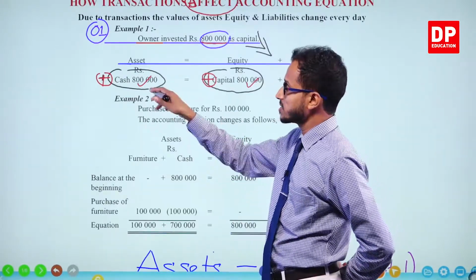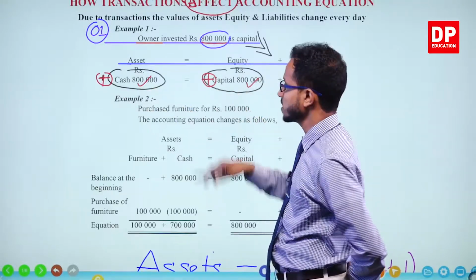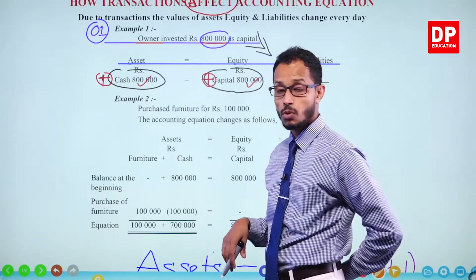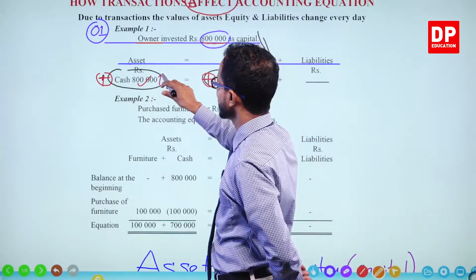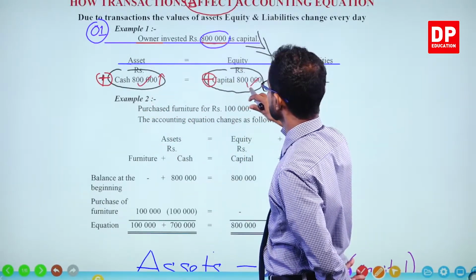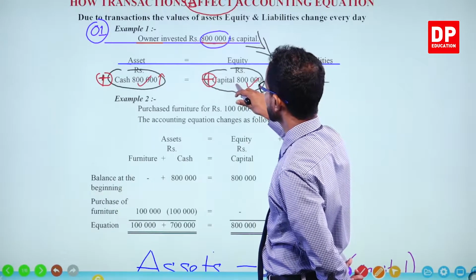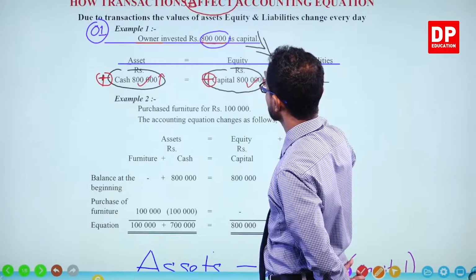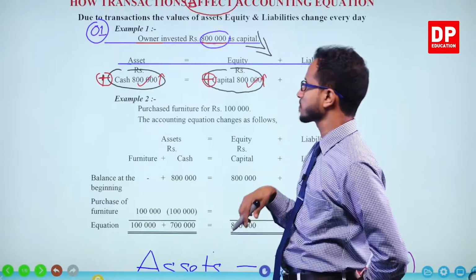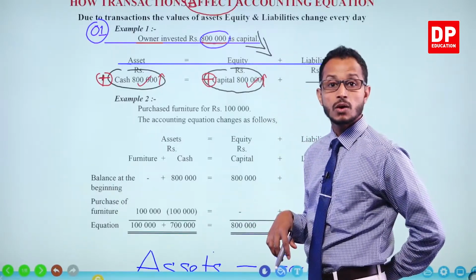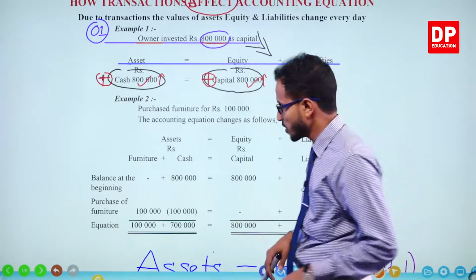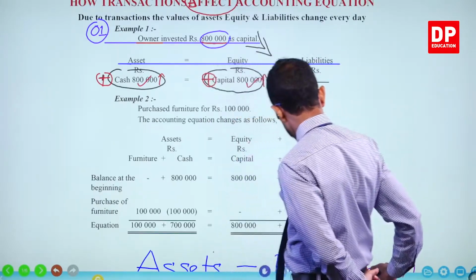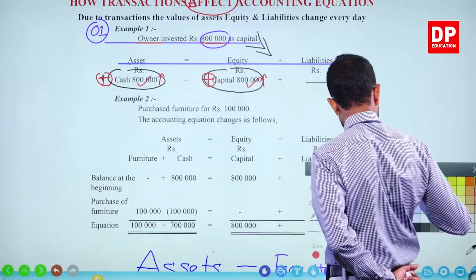That's why assets plus and equity also plus. Both went up, both increased. All right, are you clear now? Very good. Moving on.